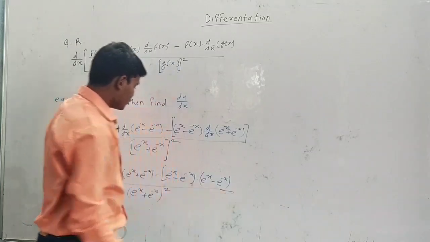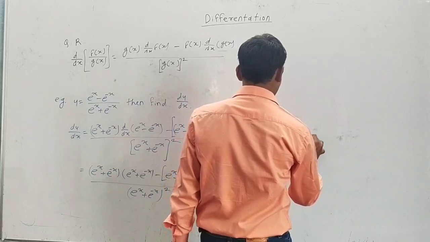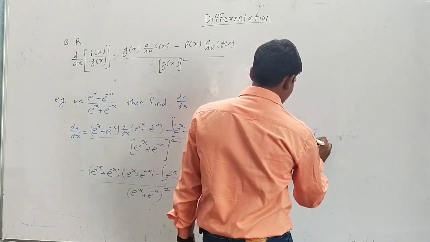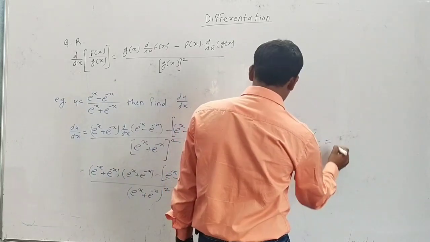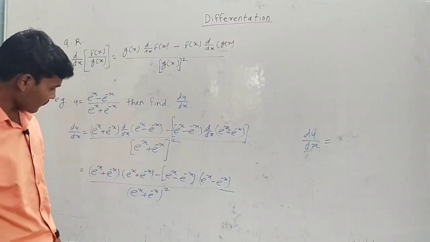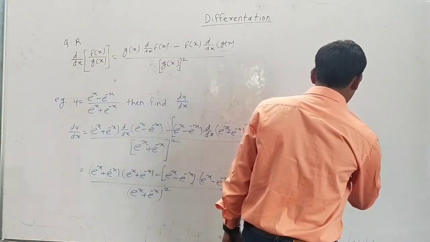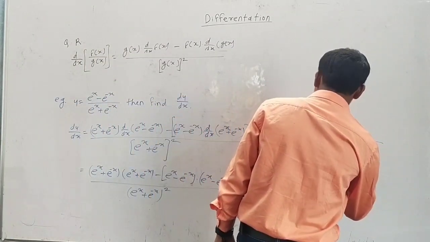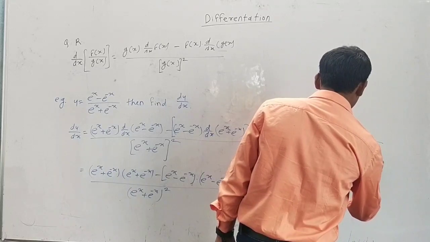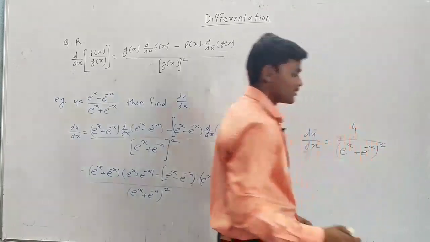On solving the numerator, we get the final answer, that is dy by dx equals 4 by (e raised to x plus e raised to minus x) square.